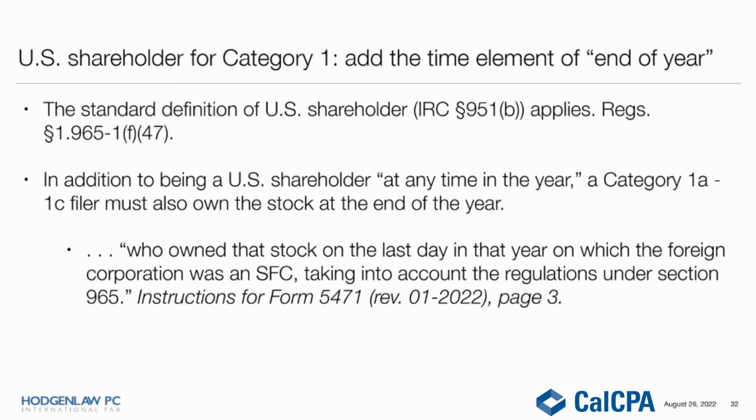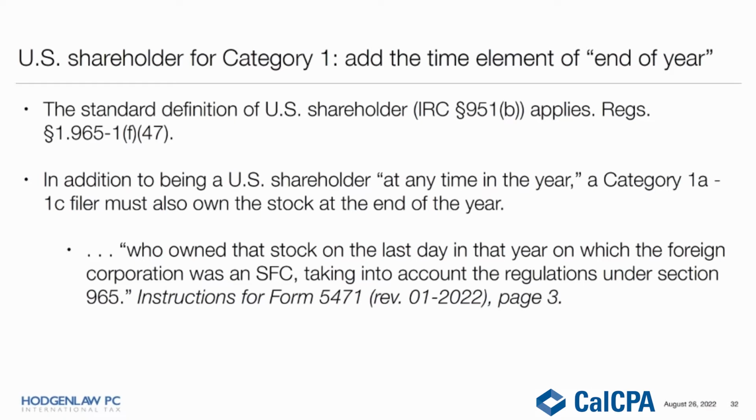So if you're a U.S. citizen and you own 100% of the stock of a specified foreign corporation and you sell that stock on October 30, that's the last day that the specified foreign corporation was a specified foreign corporation. Because on October 31, some non-resident owned the stock and it's no longer a specified foreign corporation.